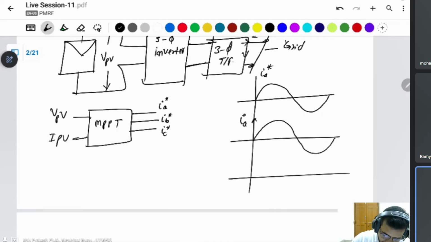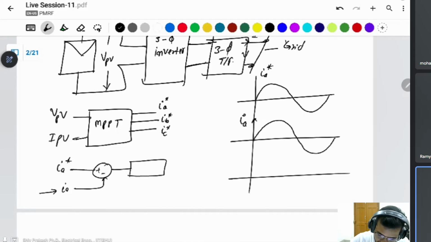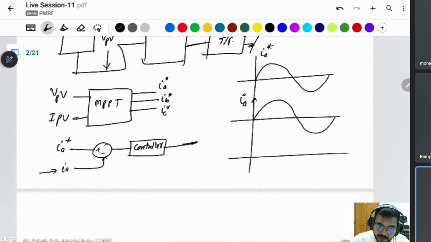Take the IA reference and the current coming from the grid side, apply a comparator, then use the controller for one phase. Same thing for the three phases.